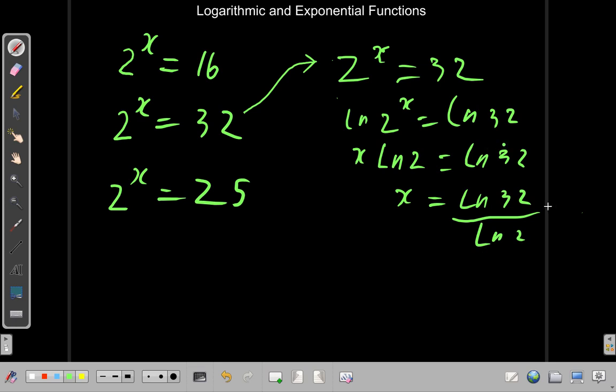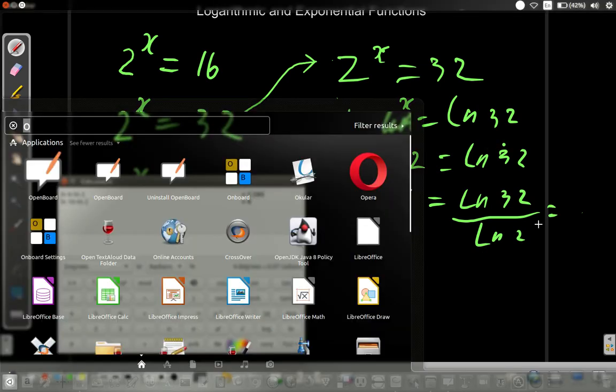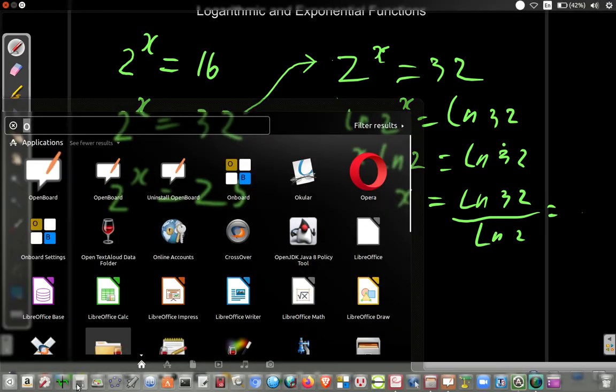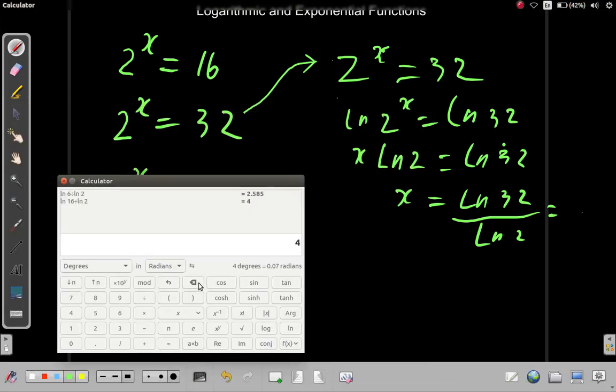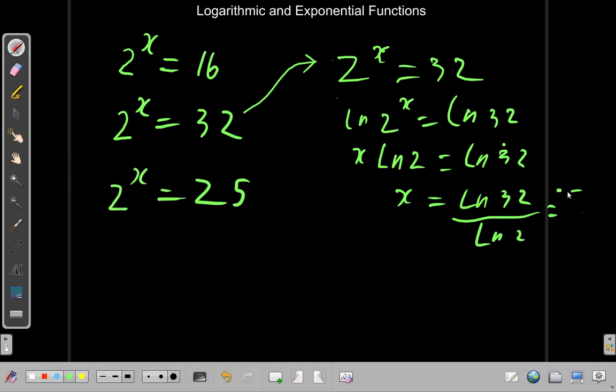And what would you get for that? Let's draw for our calculator. So what we have is ln 32 divided by ln 2, and we get 5. So we get 5 for our answer.